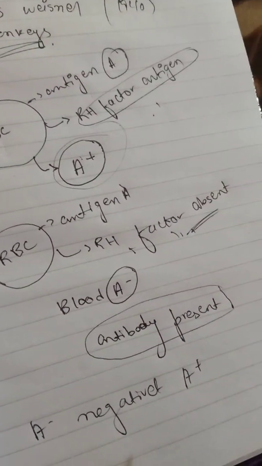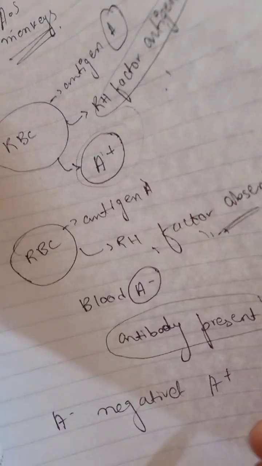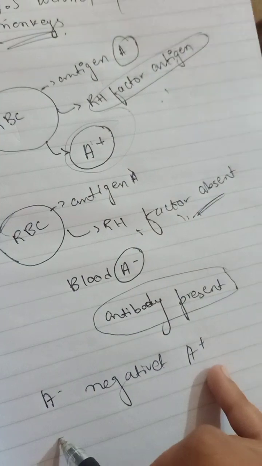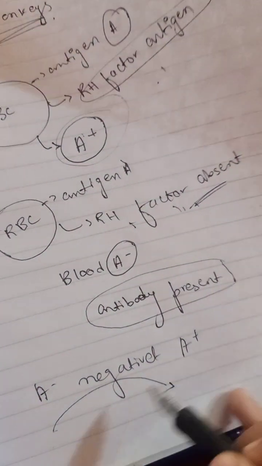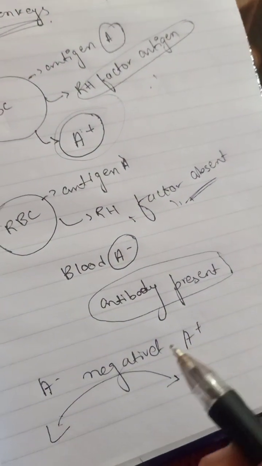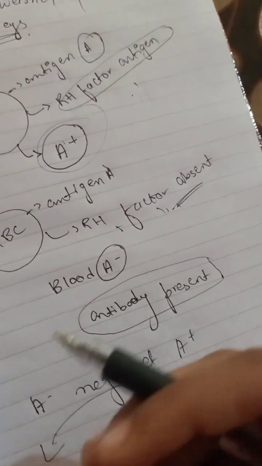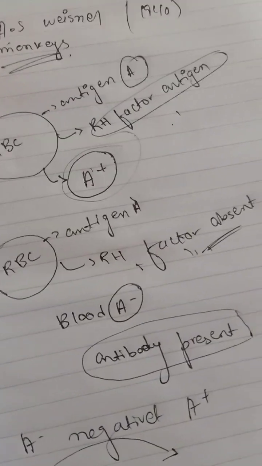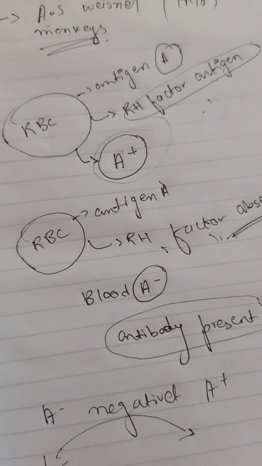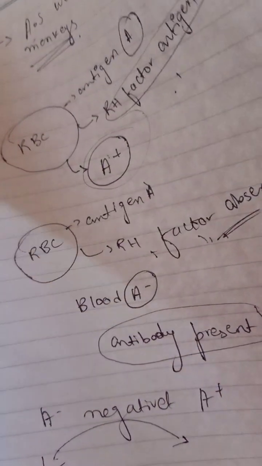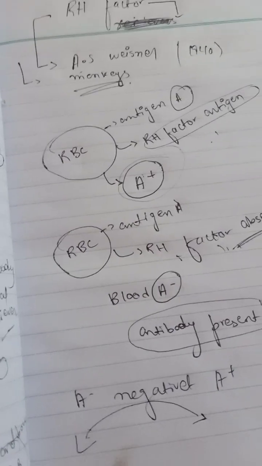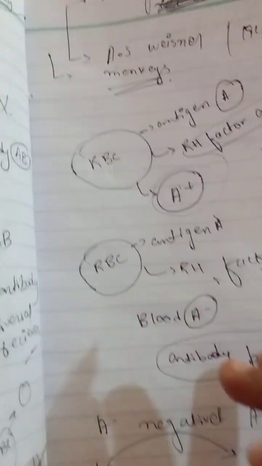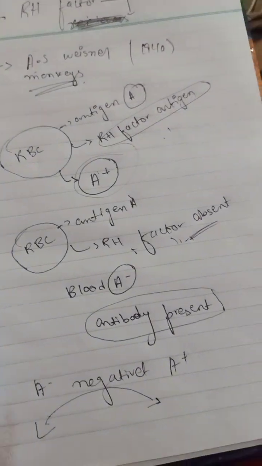If it does, a reaction will occur, because the Rh factor antibody will be produced against that, and because of that the reaction can occur. In the chart that I'll be making after the Rh factor, you will easily understand.